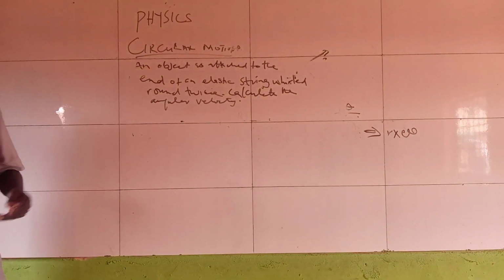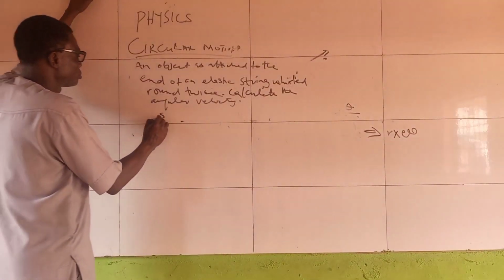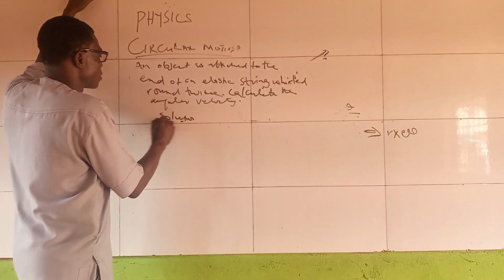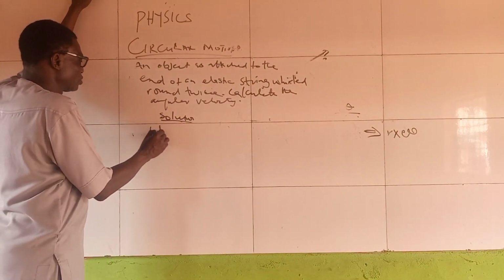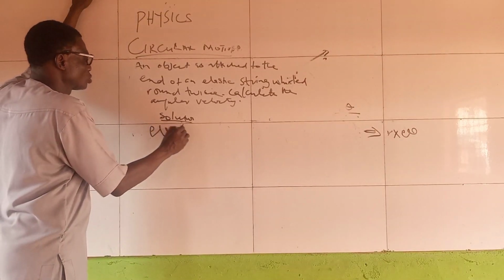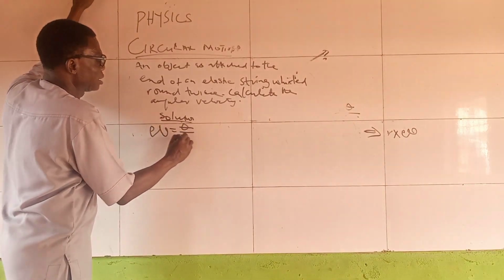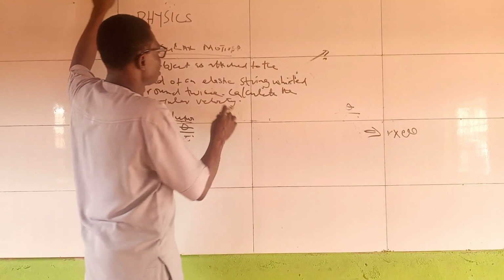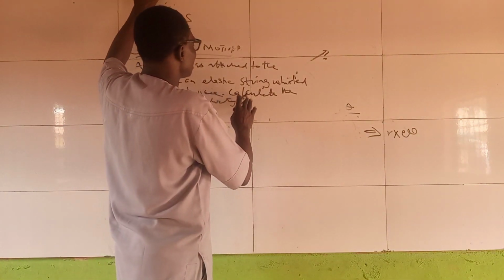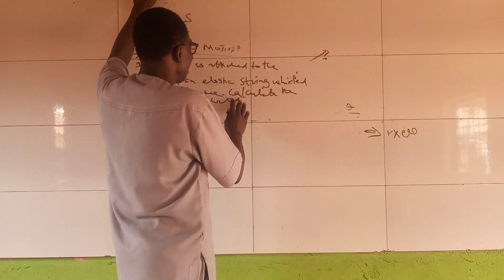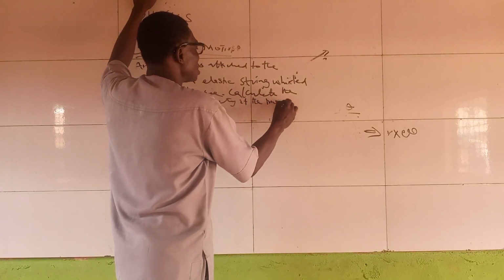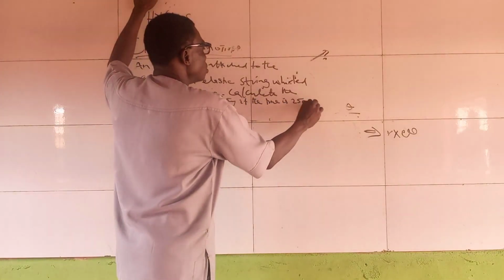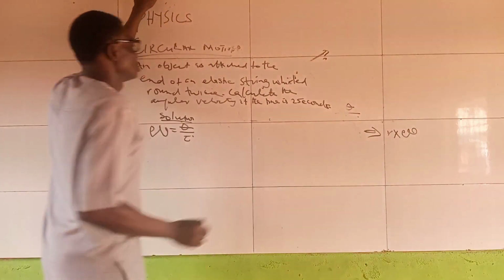Let's look at the solution. We are told that angular velocity mu is equal to theta all over t. Calculate the angular velocity if the time is 2 seconds.